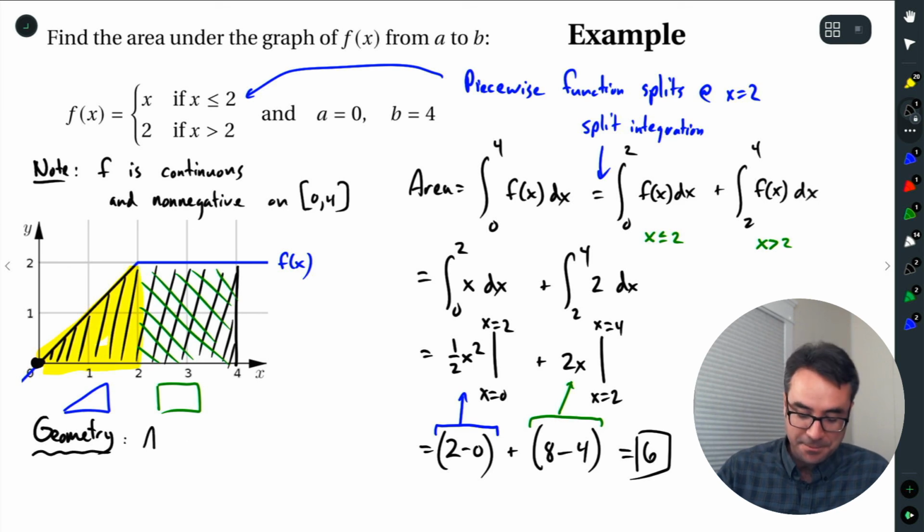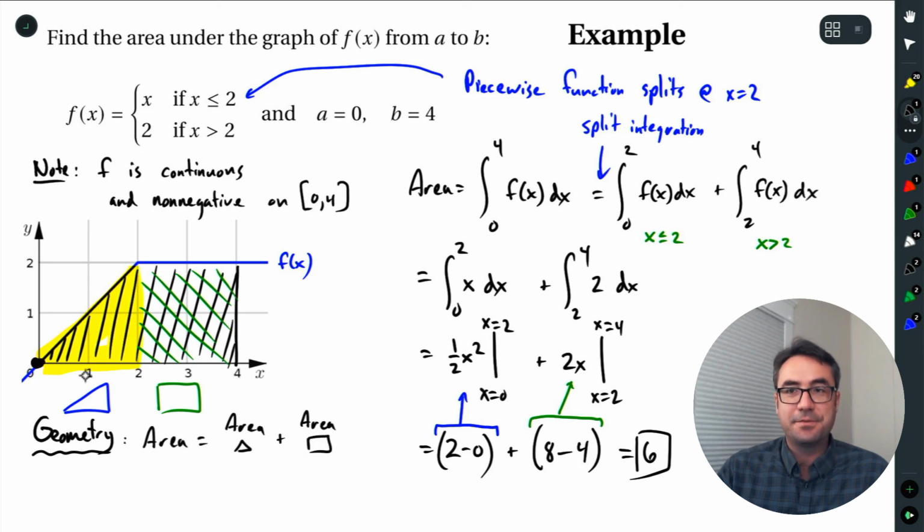So the area is the area of our triangle plus the area of our rectangle. And the area of this triangle is 1/2 base times height. So the base is 2, the height is 2, 1/2. So 1/2 base times height is 2. And what's the area of this rectangle here?